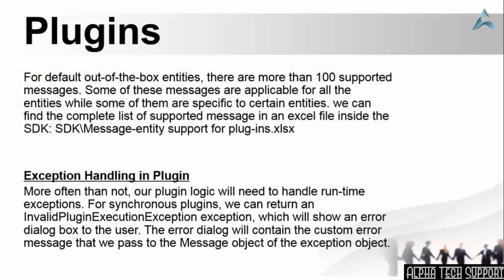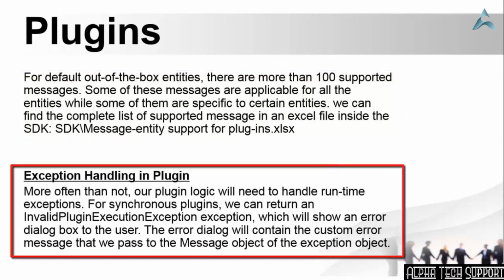Now let's look at how we can handle exceptions in a plugin. More often than not, a plugin logic will need to handle runtime exceptions. For synchronous plugins, we can return an InvalidPluginExecutionException, which will show an error dialog box to the user. The error dialog will contain the custom error message that we pass to the message property of the exception object.